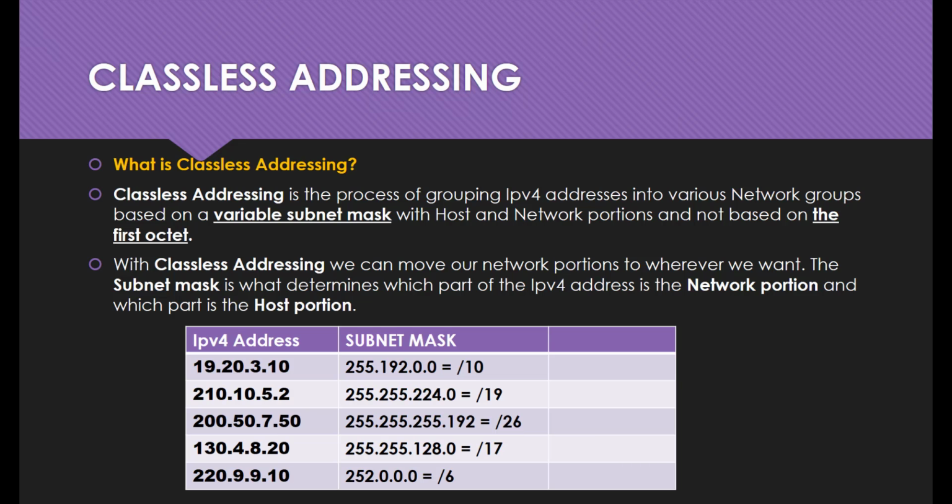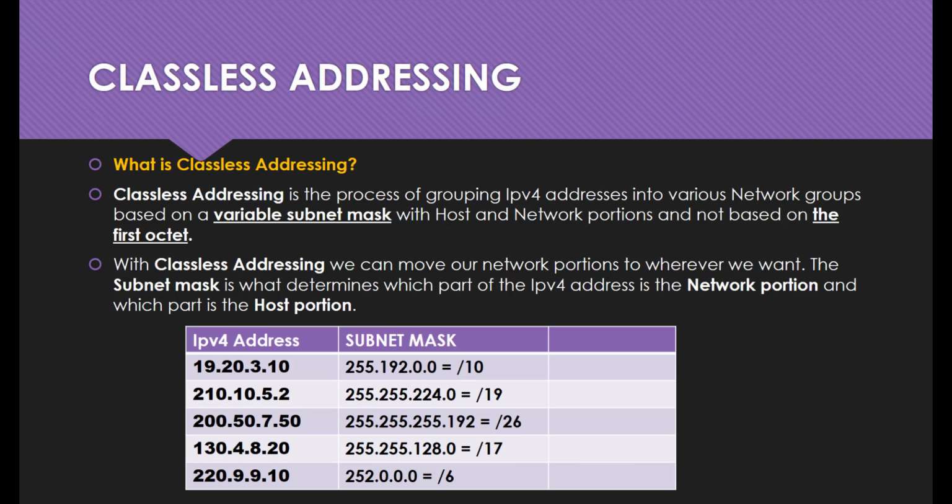This means that the first 10 bits are the network portion of the IP address. 10 bits is the first 8 bits for the first octet and 2 bits entering into the second octet. And the same with 19 bits: we have the first 16 bits which cover the first and second octet, and 3 extra bits that enter into the third octet.